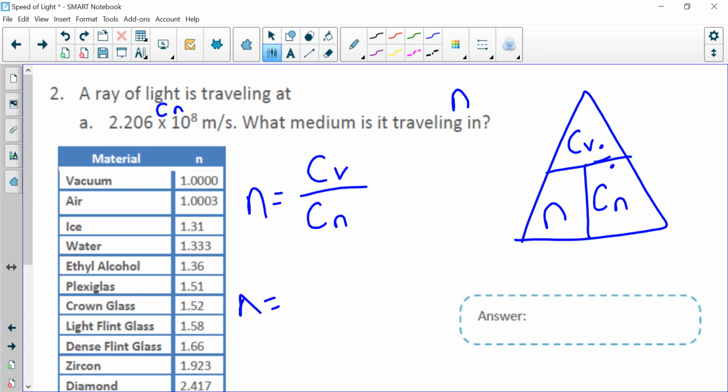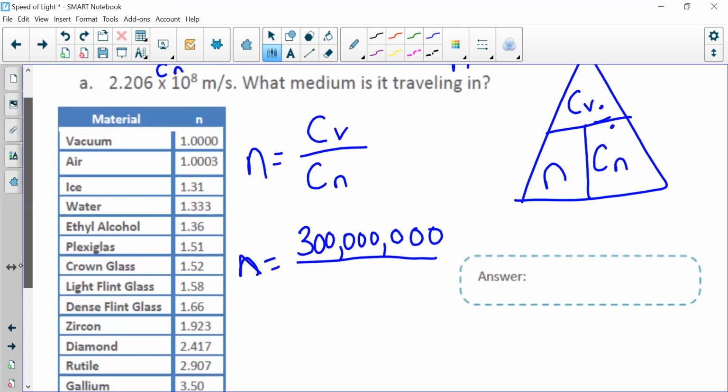CV we know is always 300 million meters per second. And I'm going to make sure that when you guys have the evaluation, I give you the speed of light in the optical medium this way. Or maybe I'll give you both ways. This number here, if you're good at putting in your exponents, try this: 2.206 times 10 to the power of 8.